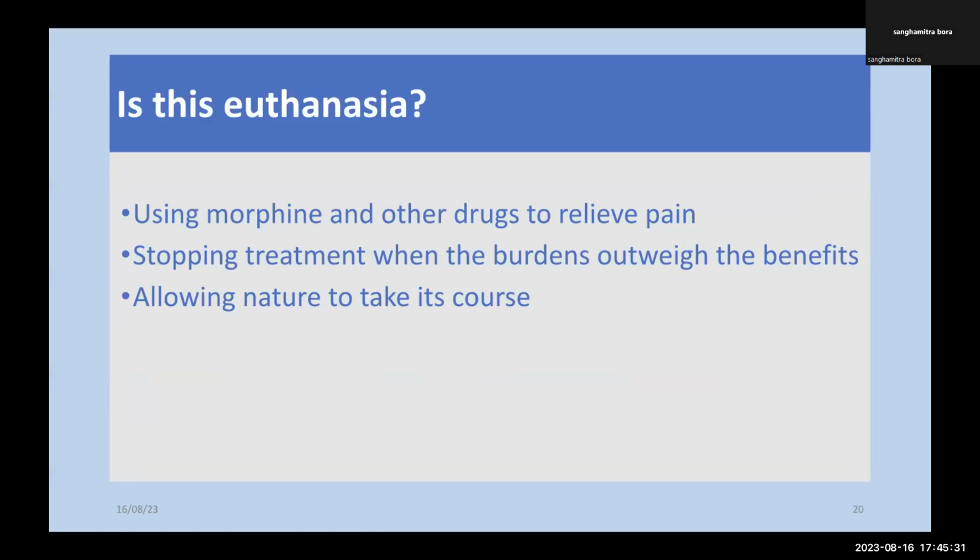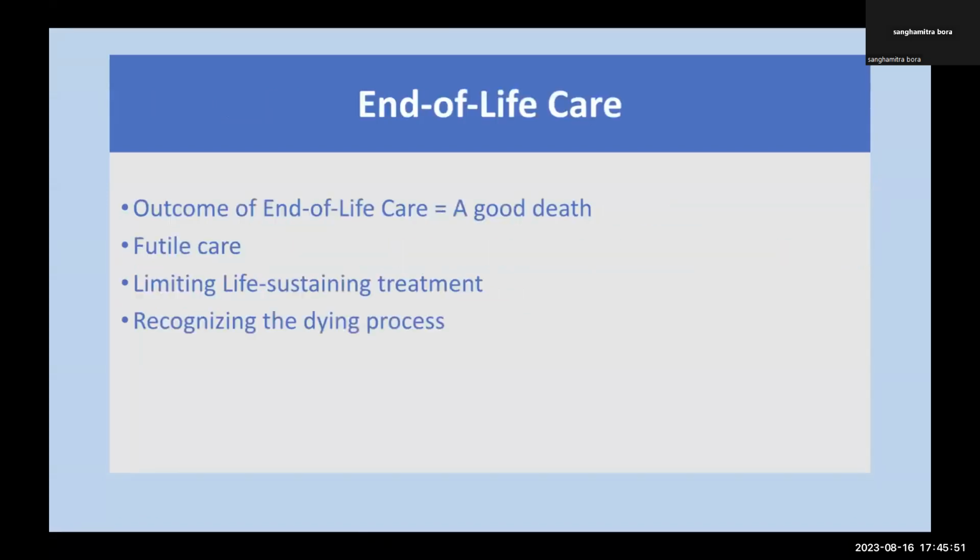When we are stopping treatment, when the burden of treatment outweighs the benefits, then also we are not doing any euthanasia. We are allowing nature to take its course, and that also doesn't amount to euthanasia.